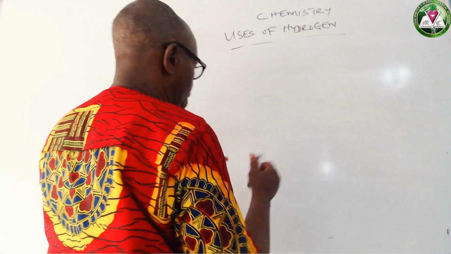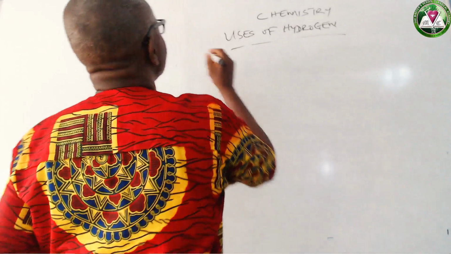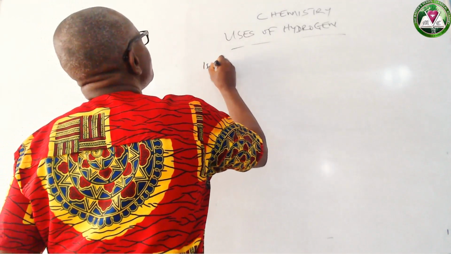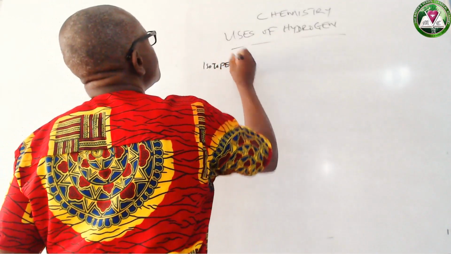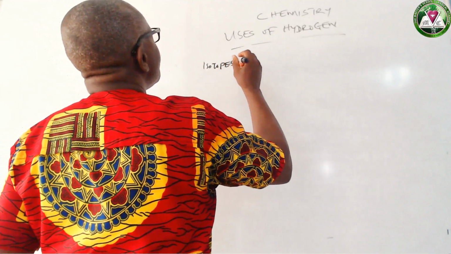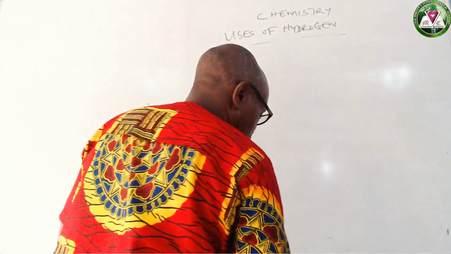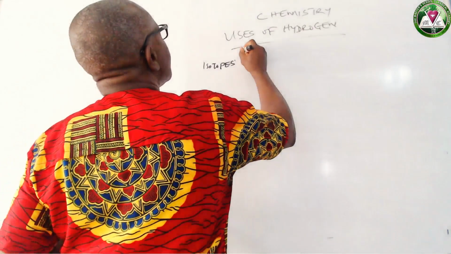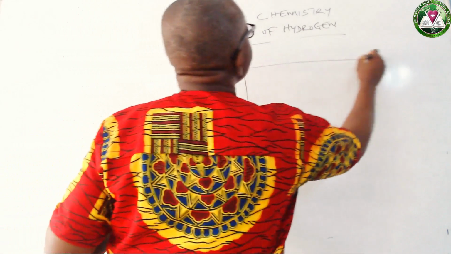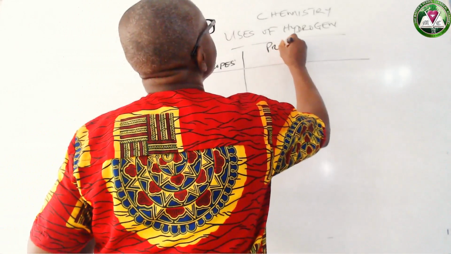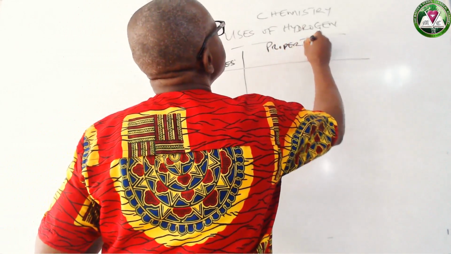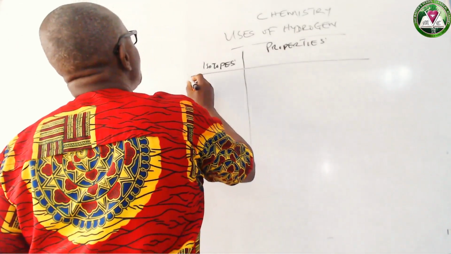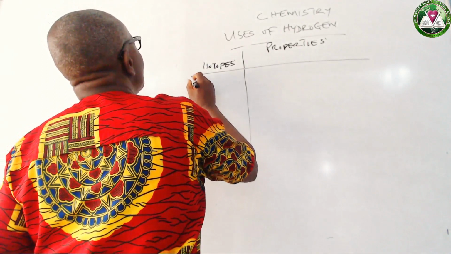Let me write this on the board, and some of their properties. You have isotopes, and properties. The first isotope of hydrogen is what we call hydrogen.